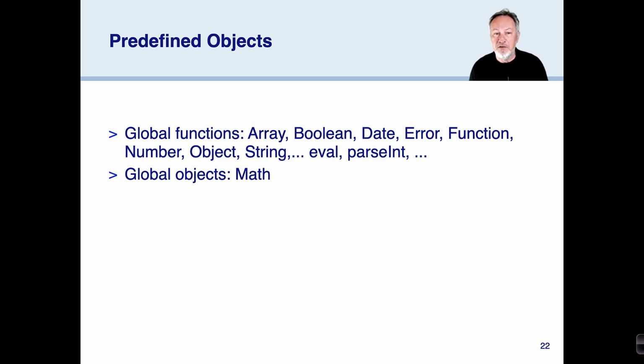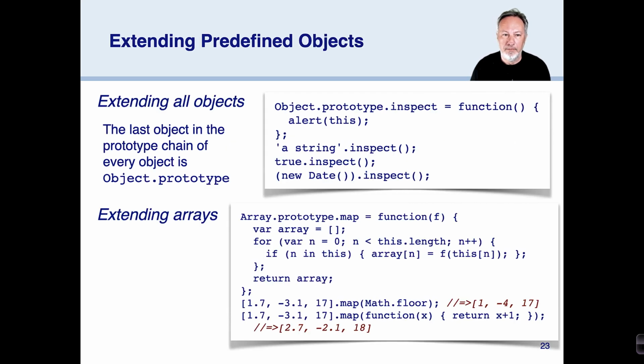There are lots of predefined objects in the system like array and boolean and date and so on and so on. The end of the prototype chain for all objects in the system is object.prototype. So if you wanted to add a property to all objects, you could simply add one here.